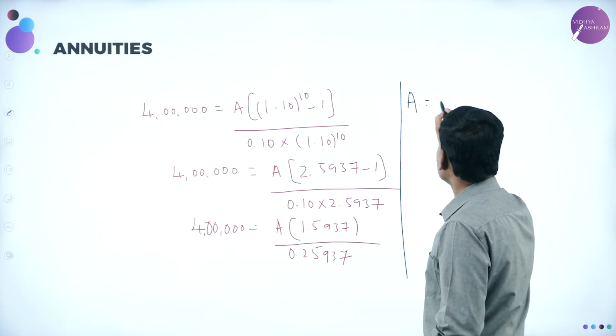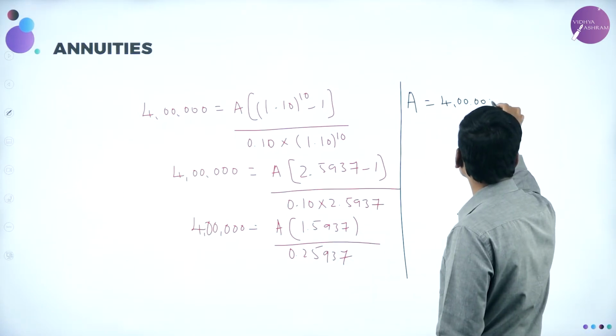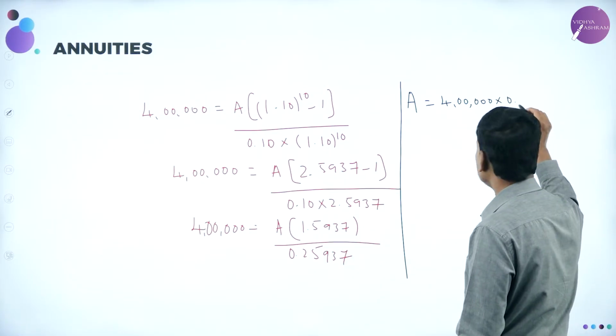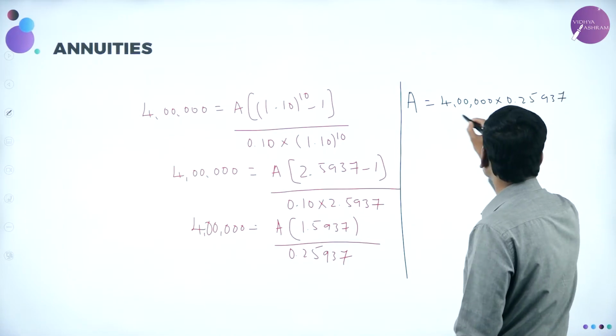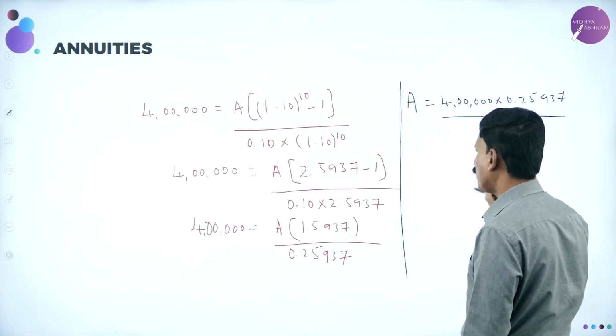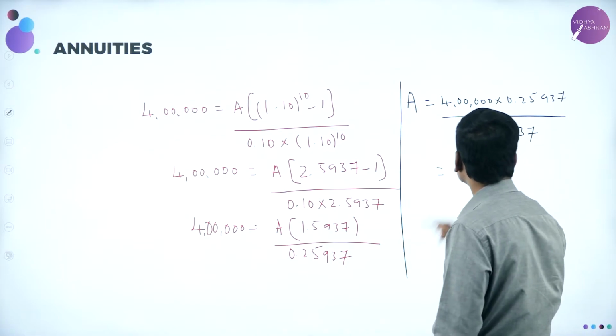Therefore A is equal to, cross multiply, 4 lakhs into 0.25937 goes to the numerator on the left hand side, divided by 1.5937 which comes to the denominator. So simplify this, that's it.